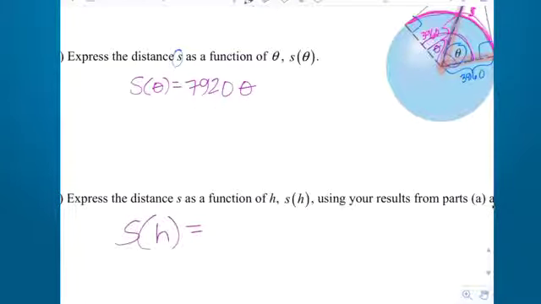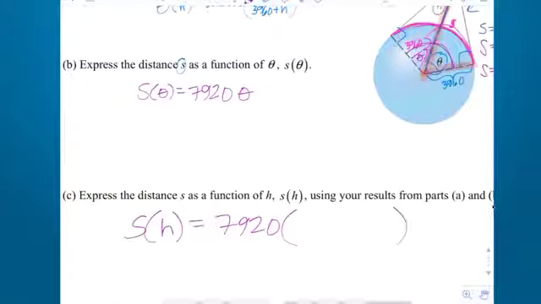Well, if S is 7920 times theta, what if I leave parentheses where I have a theta? Is there any way that I can replace theta with something that's equivalent, but in terms of H?